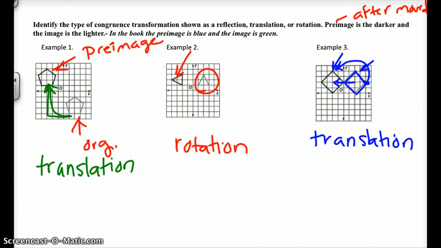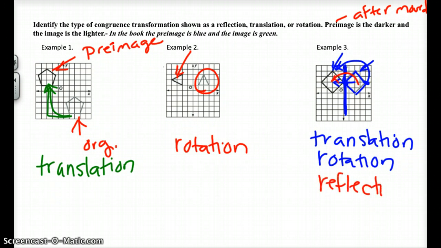I could have been rotating that around. And then you also see that here's my y-axis, that it could have taken and flipped that over the y-axis, so it is also a reflection. So keep that in mind when you're doing your homework. You might have more than one answer.